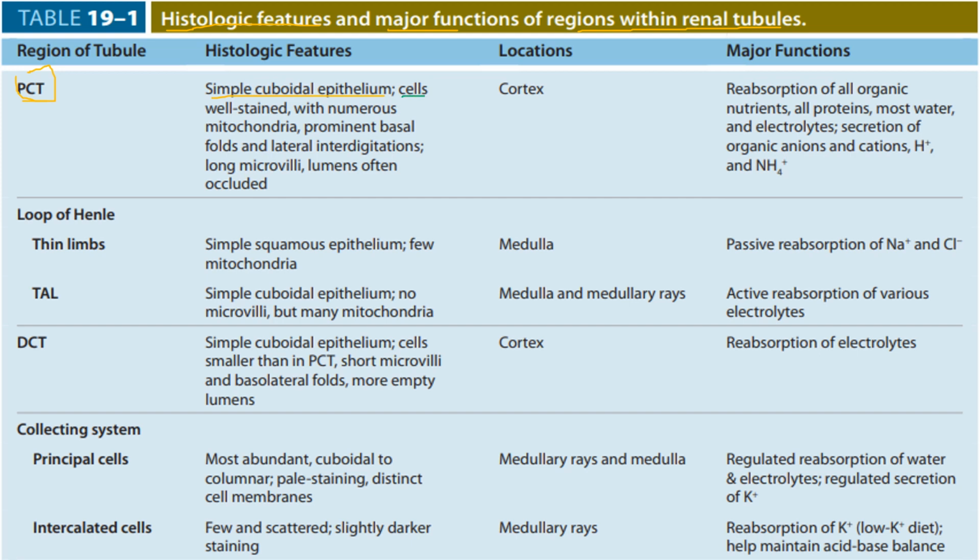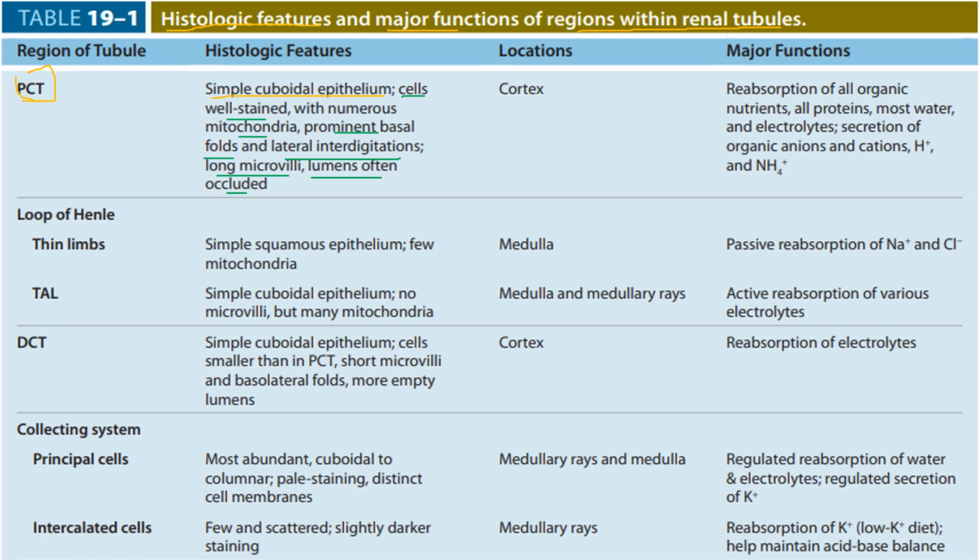The cells are well stained with numerous mitochondria. They have prominent basal folds and lateral interdigitations. They also have long microvilli, and the lumen is often occluded. So we can see the lumen is very small or not able to be seen.